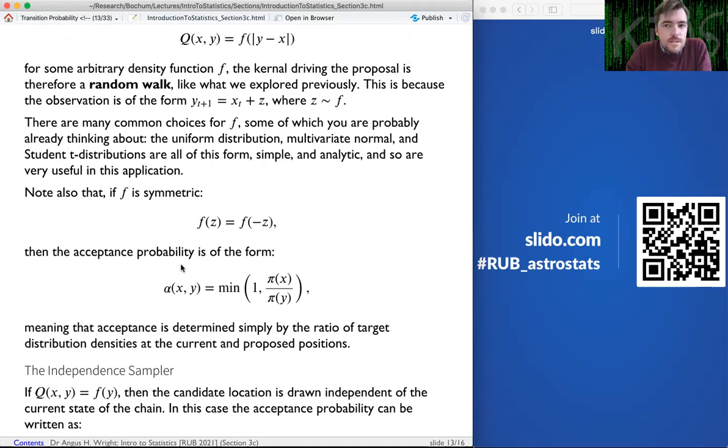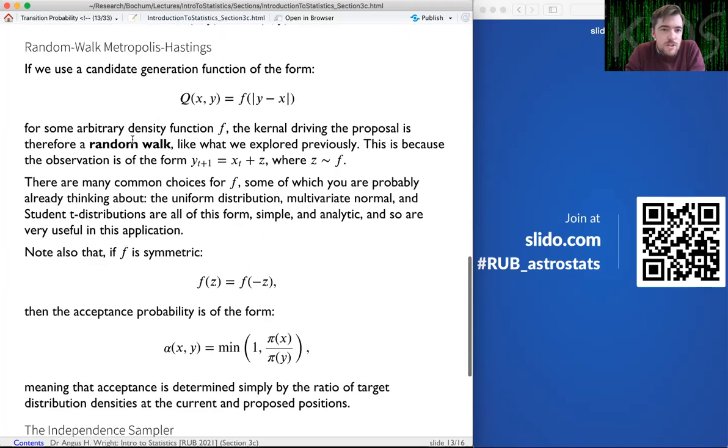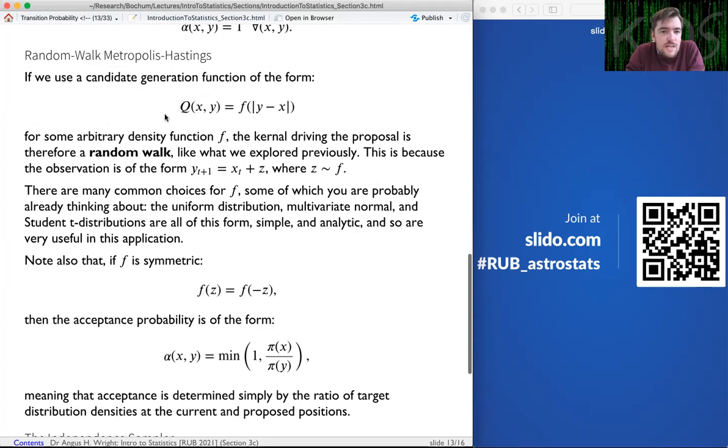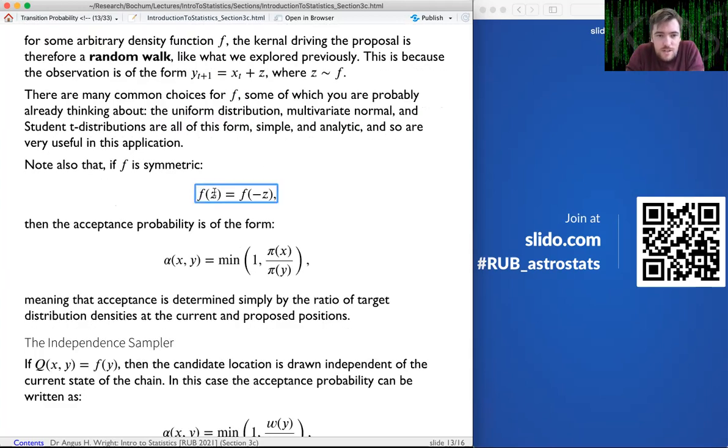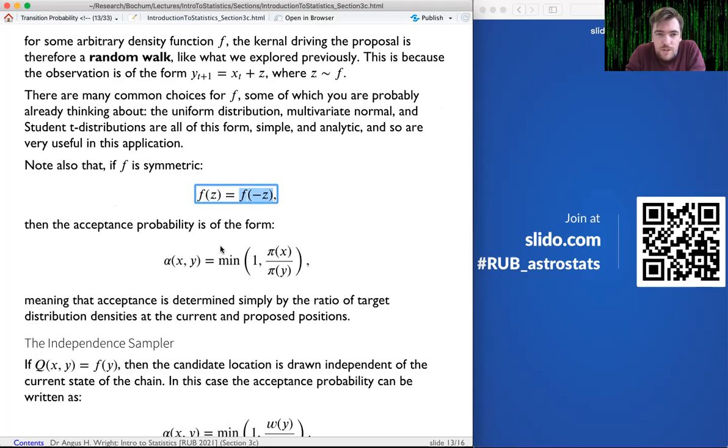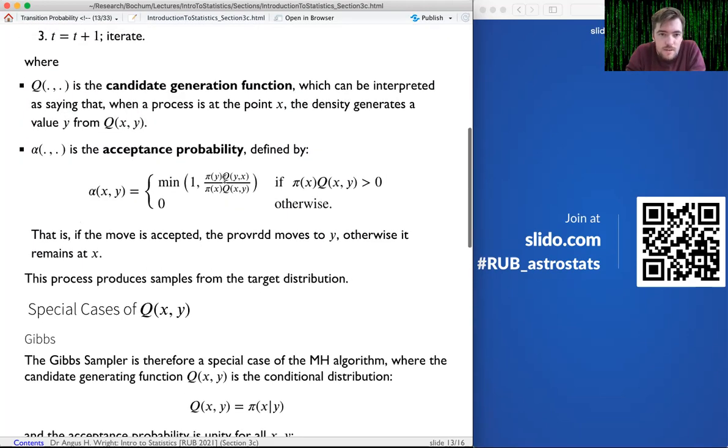An important thing about the acceptance function is that if the candidate generation function is symmetric, that is to say that if the candidate generation function has equal probability at f of z as f of minus z, then this thing here, q of y and x, is the same as q of x and y by definition.